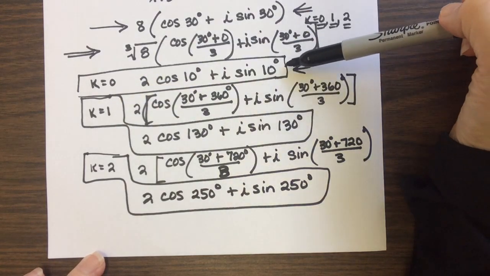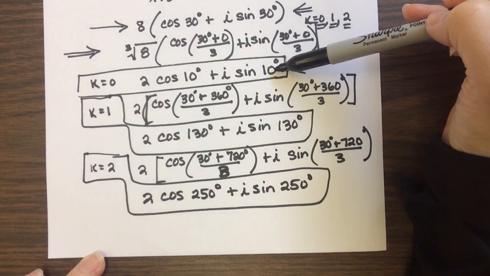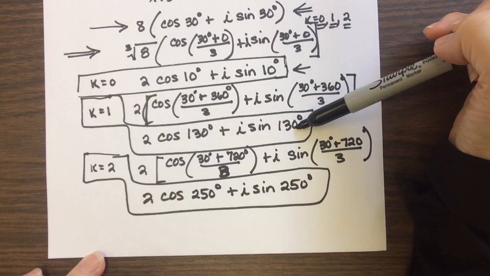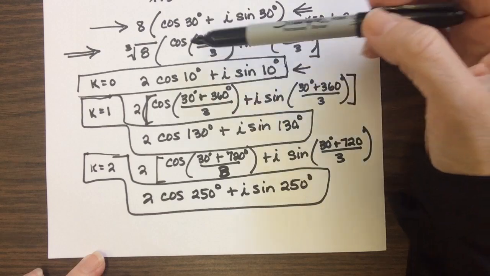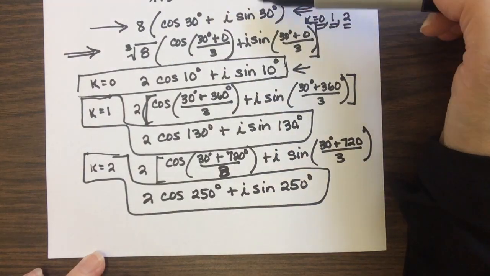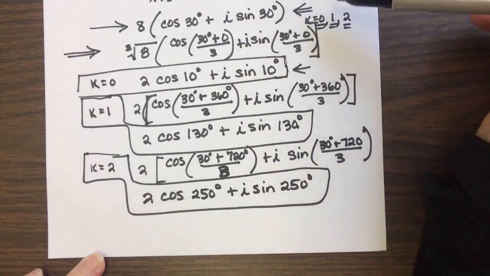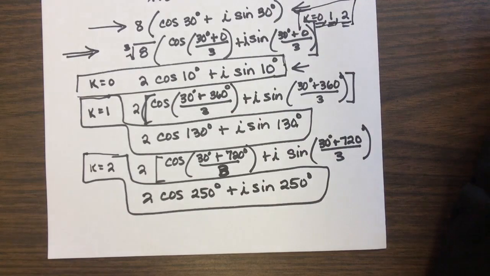So that's just a little shortcut. Going from 10, to be spaced out evenly, I would add 120 degrees to that, which would give me my 130, and I would add 120 degrees to that, and that gives me 250 degrees. If you don't understand what I'm talking about, just plug it into your formula. Once you find your r and your theta, and understand what you let k be, you shouldn't have any problem.